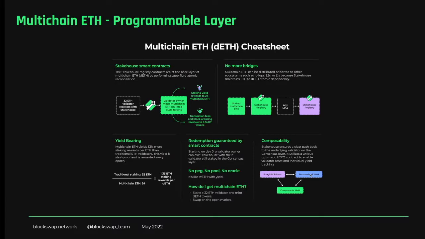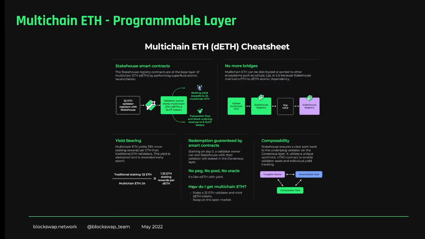It's your yield. You are the portfolio manager of your tokens. And like I said earlier, I'm regurgitating myself in different words, but there's no peg, there's no pool, there's no oracle. So how is dETH multi-chain ETH price maintained? It's very similar to that of wrapped ETH.